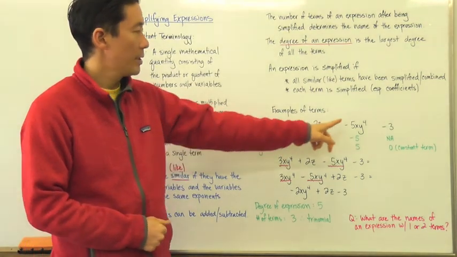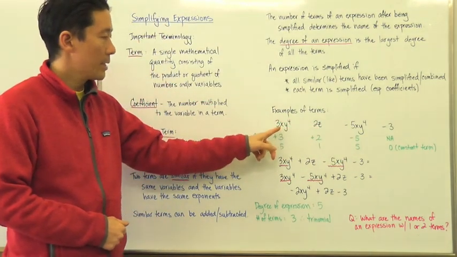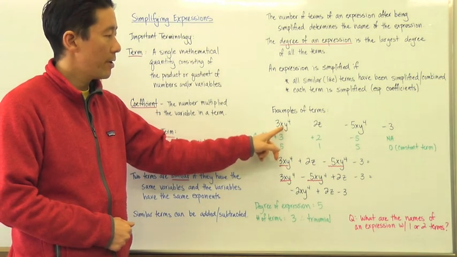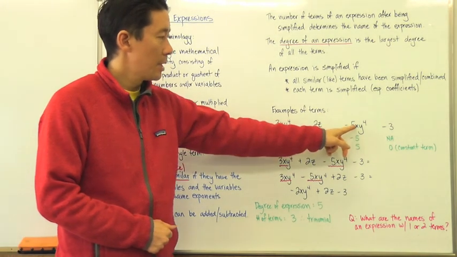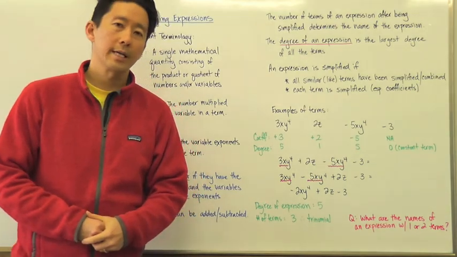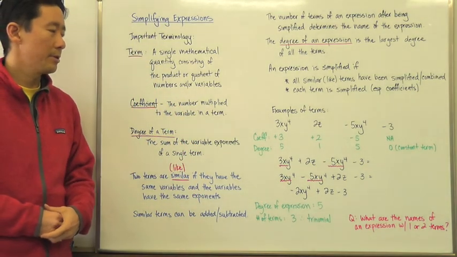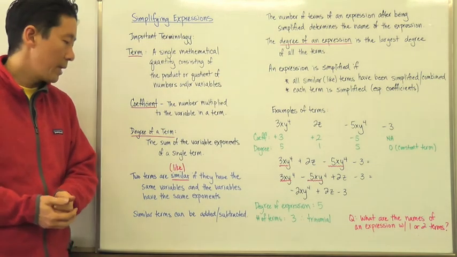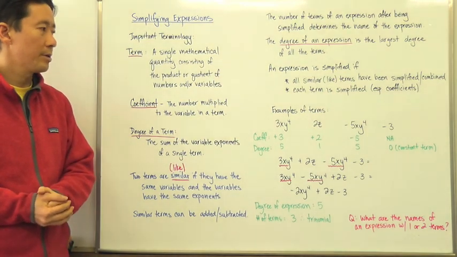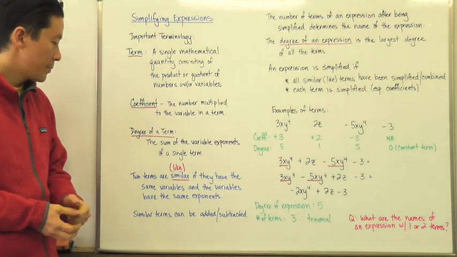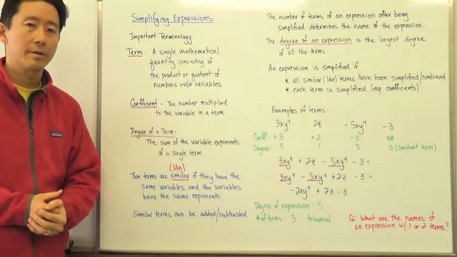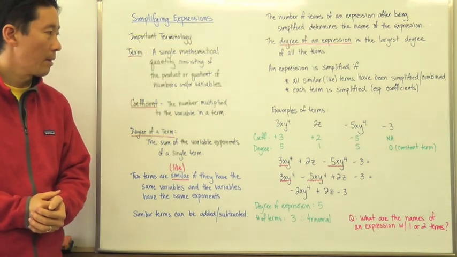This term here is similar to that term there because the variables and the exponents for each one of the terms are exactly the same. What is the importance of being able to determine whether terms are similar or not? It's because similar terms can be added or subtracted from each other.